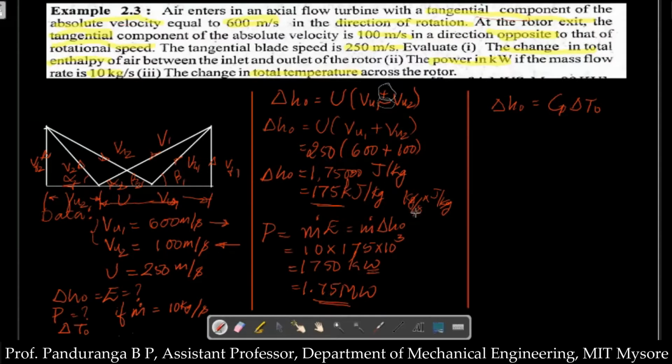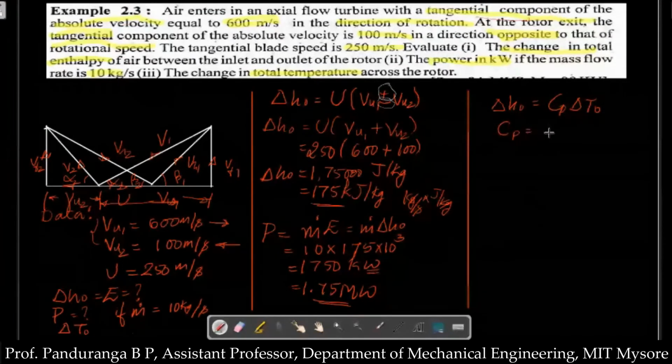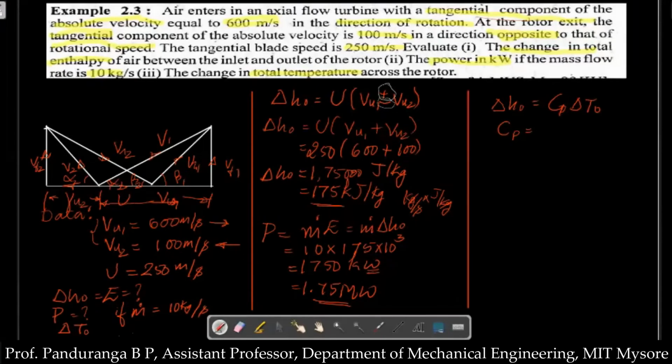So here the working fluid is air, and what is the specific heat of air? Cp of air is 1.005 kilojoule per kg Kelvin.